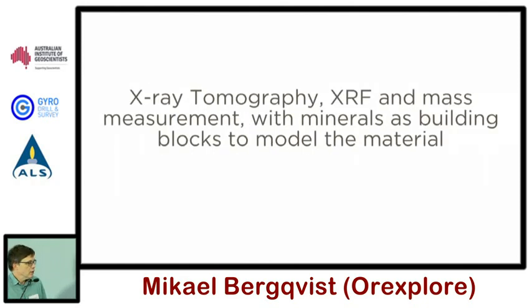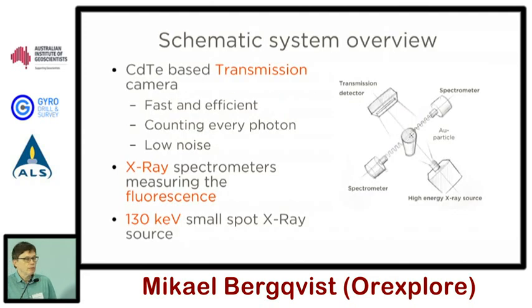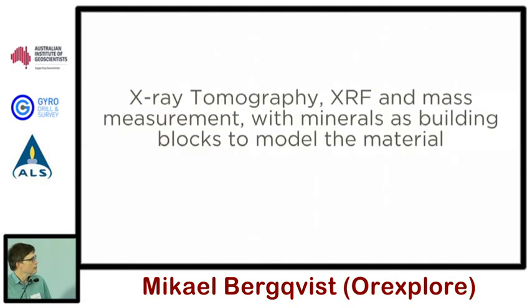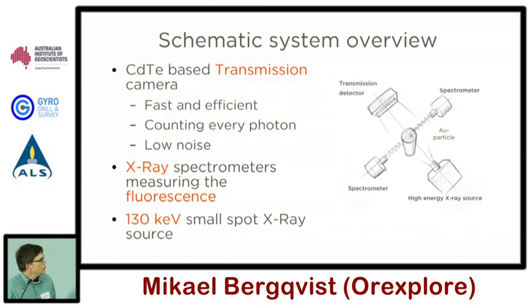We are using a combination of X-ray tomography, X-ray fluorescence, and direct measurement of the mass. And we use minerals as the building blocks for trying to model the material in the cores. Here is how the system is constructed in a schematic way.